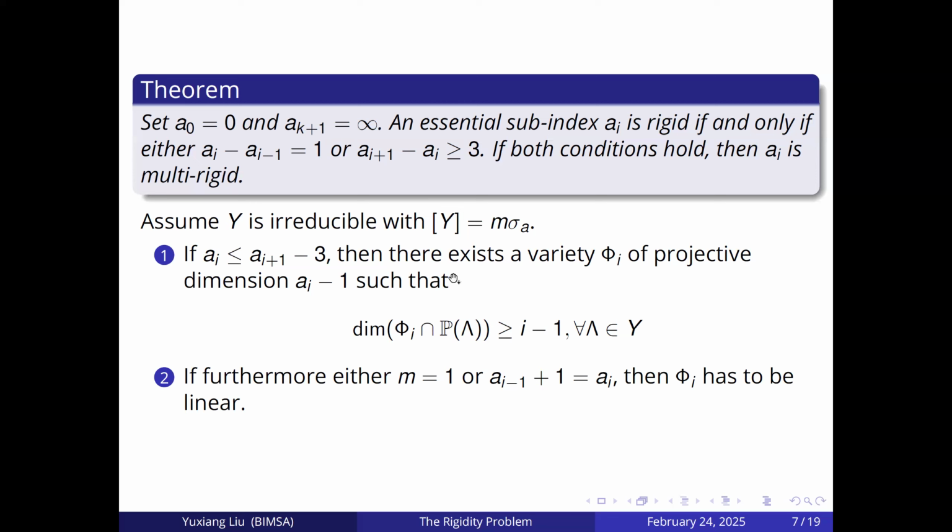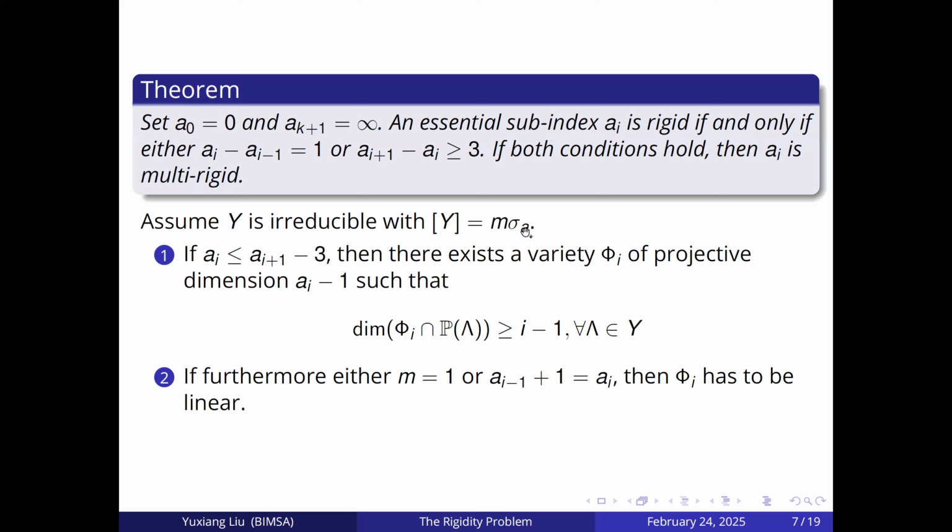We consider the sublocus of Y of k-planes that are contained in this hyperplane. Then we can use induction on dimension. The second step is to prove that if either m equals 1, the coefficient equals 1, or the first condition holds, then phi from the first step has to be a linear space.